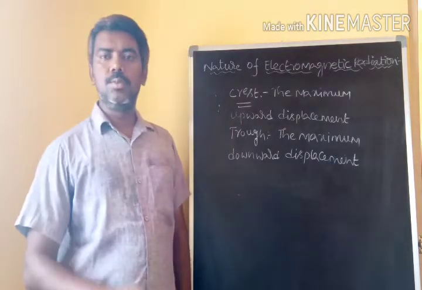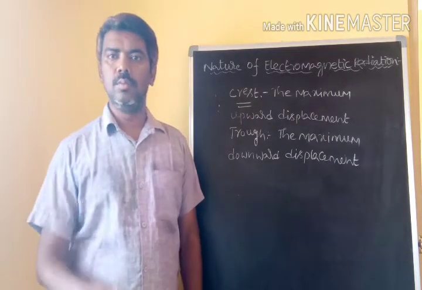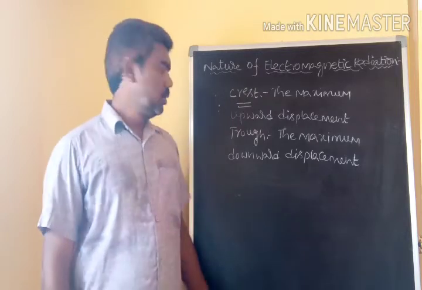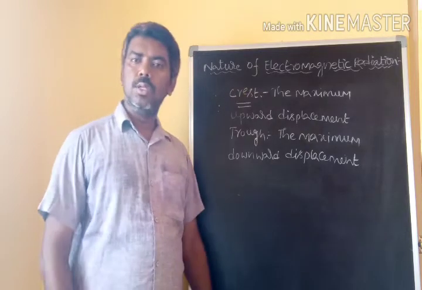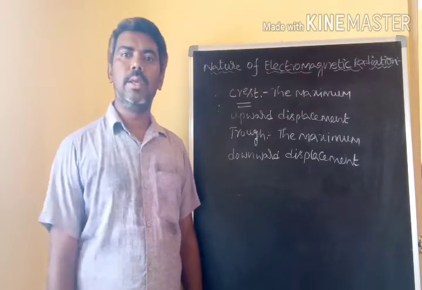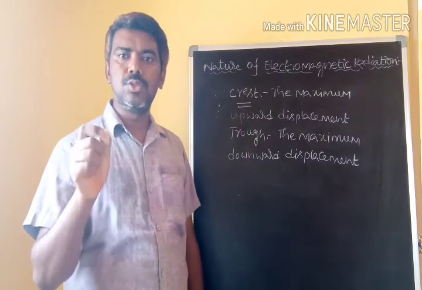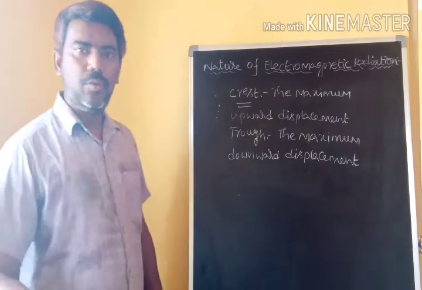Along with the characteristic properties, electromagnetic radiation is also associated with some properties. Up to now, the three points we discussed are the general characteristic properties of electromagnetic radiation. But along with that, electromagnetic radiation is associated with a few properties.